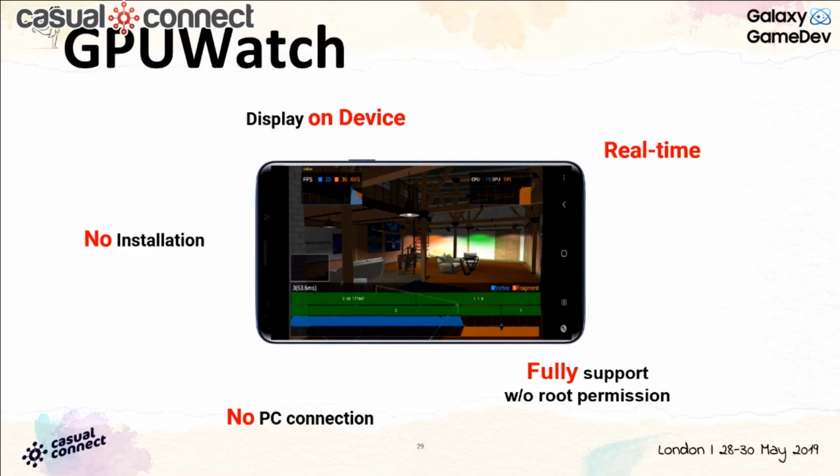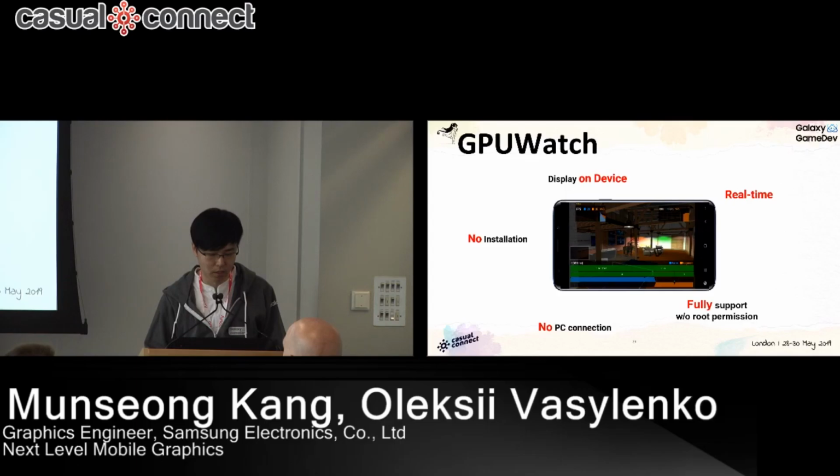GPU Watch is targeting that point. GPU Watch doesn't require root permission or a connection to a PC, and it gives us real-time feedback. And we don't have to install an extra program because it is already embedded in our Galaxy device.